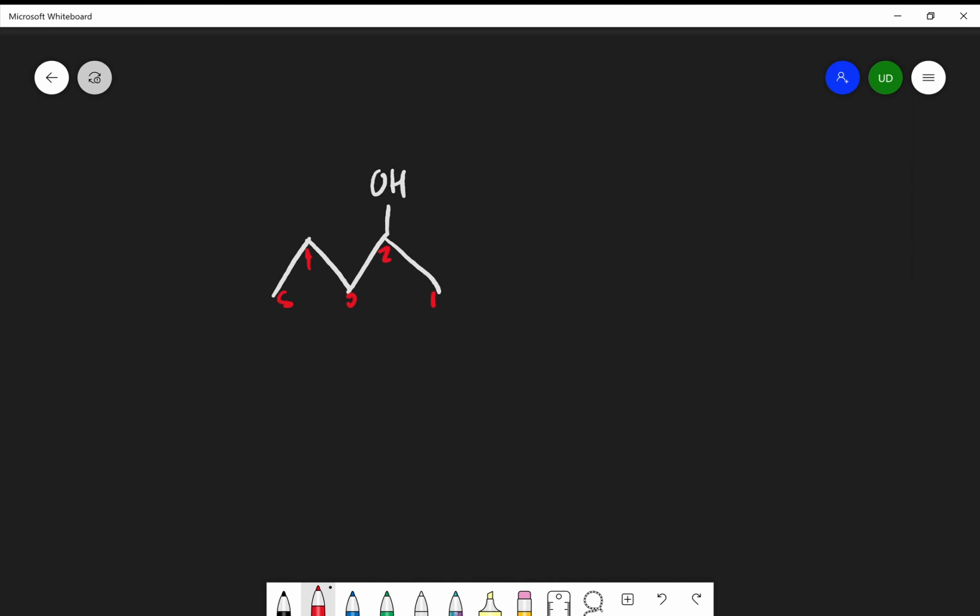So our parent group is pent. It would be pentane if there wasn't an alcohol. But since there's an alcohol here, you would have the ending of pentanol. And this is present on carbon number 2. So it'd be 2-pentanol. This would be the correct name for this compound.